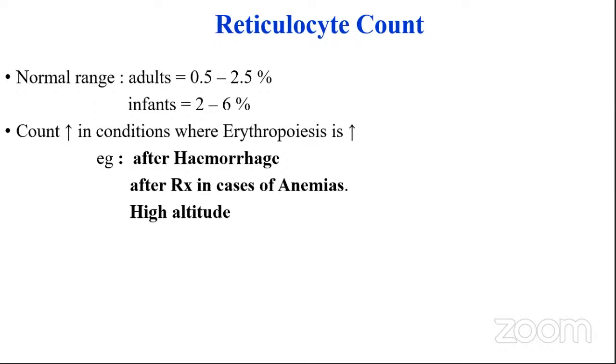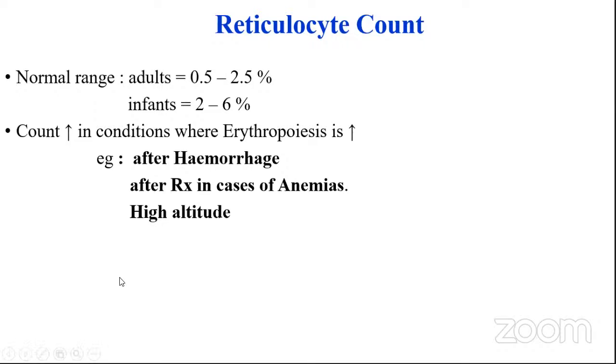To use reticulocyte percent as a measure of the rate of red cell production, the percent may be corrected by a hematocrit value. This is called the corrected reticulocyte count. Therefore, reticulocyte index is equal to reticulocyte percentage times actual hematocrit divided by normal hematocrit. Take down this formula.